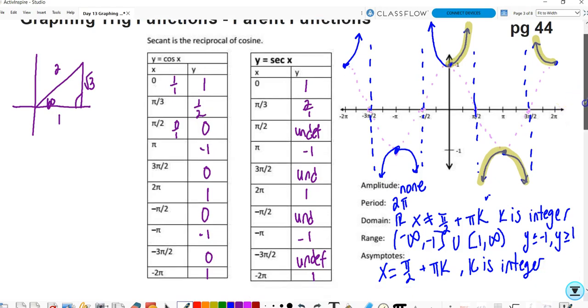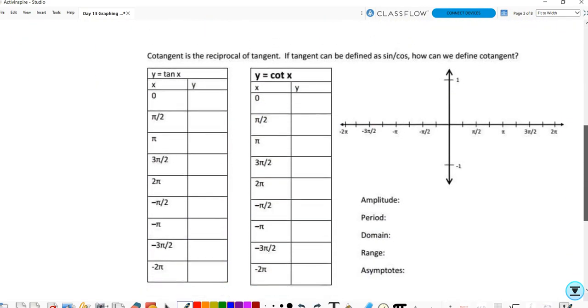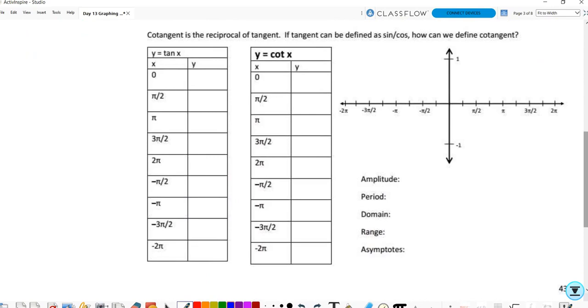Okay, last but certainly not least, we've got cotangent, which is the reciprocal of tangent. So let's answer this question first. We haven't really focused on this, but way back on the very first pages, instead of having tangent as y over x, it's printed that tangent is sine over cosine.